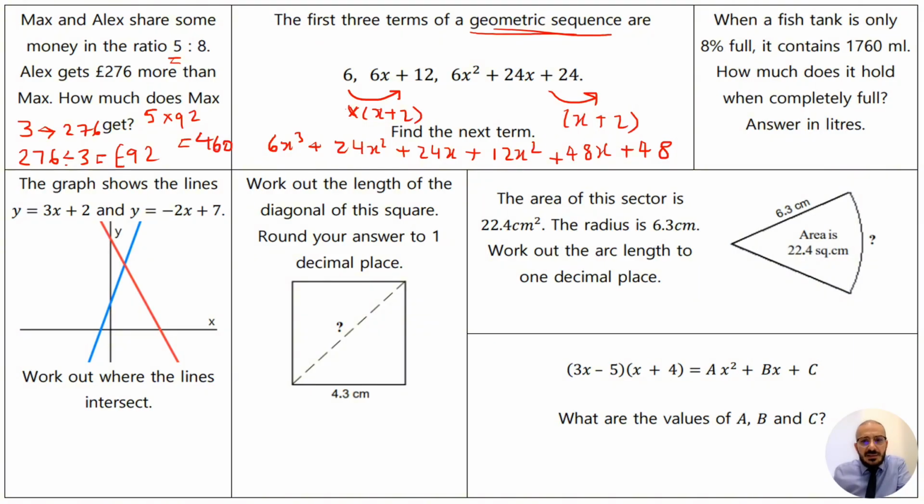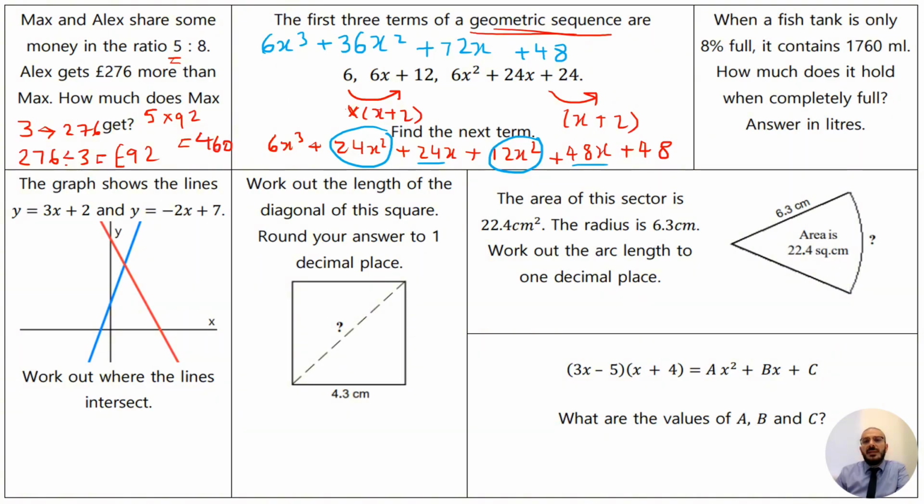So when I collect the like terms, I'm going to write my final answer up here. 6x cubed plus 36x squared plus 72x plus 48 is what we are going to get.